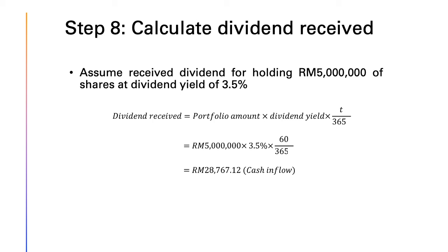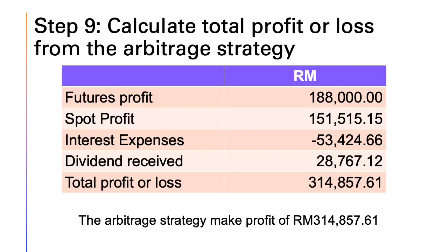Dividend received, 28,767 ringgit and 12 cents. So your total profit or loss, 314,857 ringgit and 61 cents. So if you look at all the cash flow, we put negative for interest expenses because interest expenses is the cash outflow.